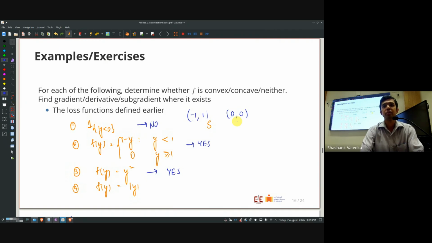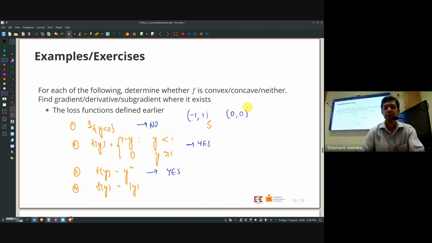Because I can always construct functions, for example, minus mod y, that also has second derivative equal to 0 at all points except 0. But in the second case, minus mod y is concave, while mod y is convex, right?